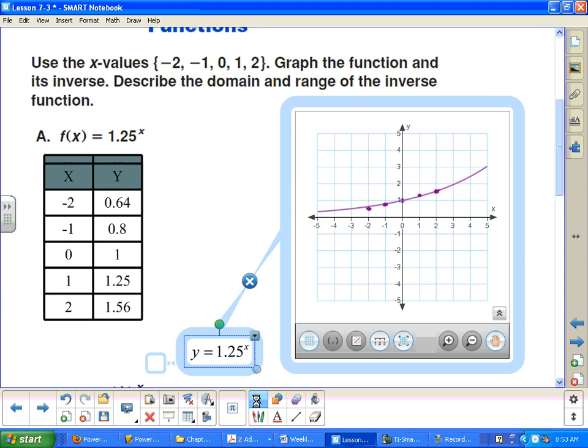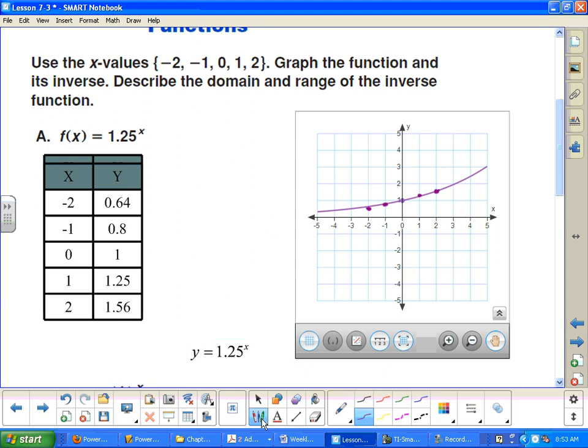So my inverse then is going to be, what do we do to graph the inverse function then? Okay, we're going to switch x and y, right? Okay, so that means we'll use red for that, I guess. That means we're going to graph the point, I'm going to start with 1, 0. I like to start there. And I have 0.8 and negative 1. So it's about here.